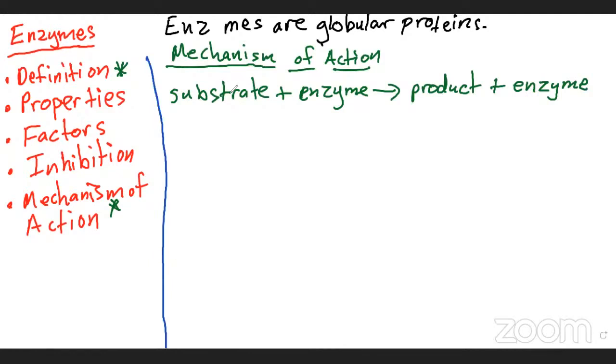So let us say this is our enzyme. It will react with our substrate. If this is the enzyme, this part here would be the active site. And so the substrate must have a shape to fit the active site.